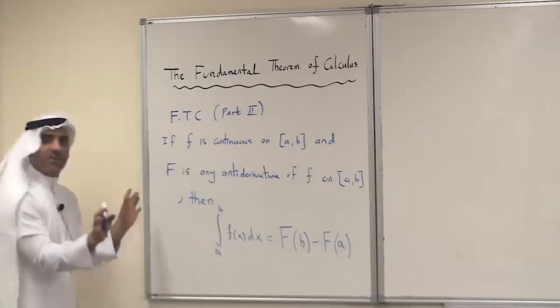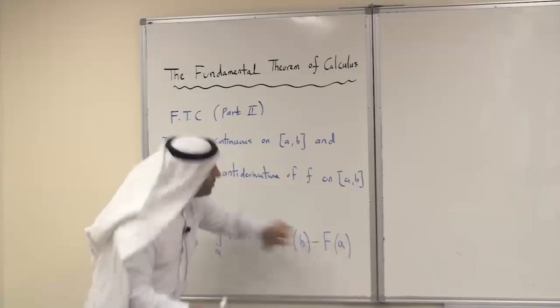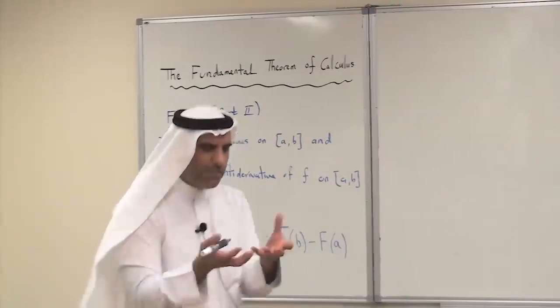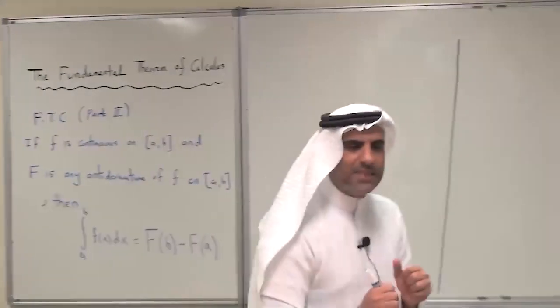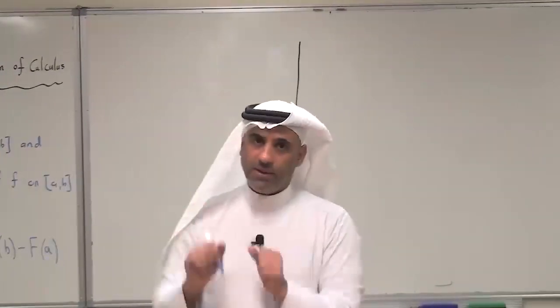Find any antiderivative you like and calculate it at the end point minus the evaluation at the first point. This is a big jump in calculus because it simplified the calculation part for the definite integral.